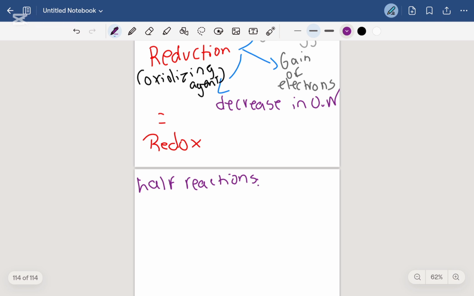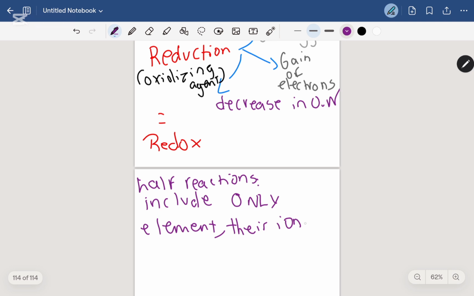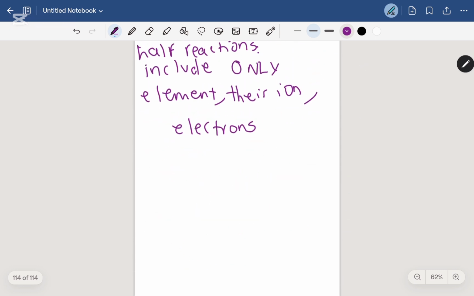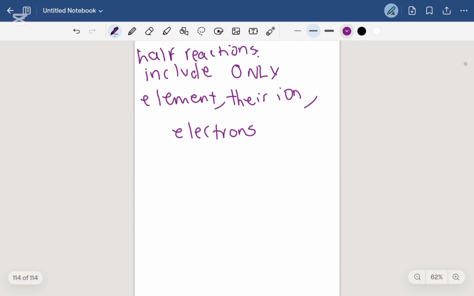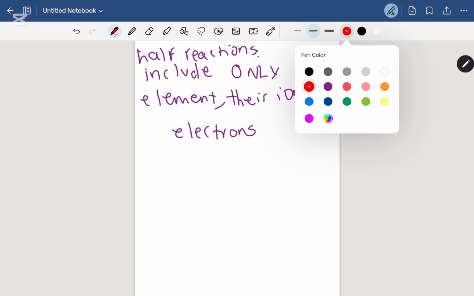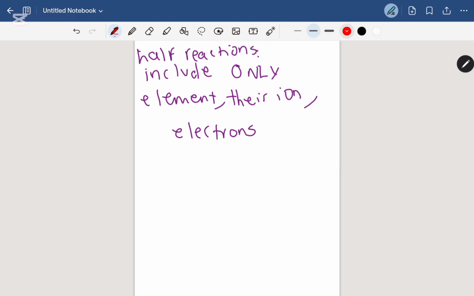Now the most important thing that we need to know is that half reactions include only the element, the element's ion, and electrons. Alright, now why do we need this? This can help us determine better if it's an oxidation reaction or a reduction reaction, or if it is a redox reaction. It helps us to form the equation.